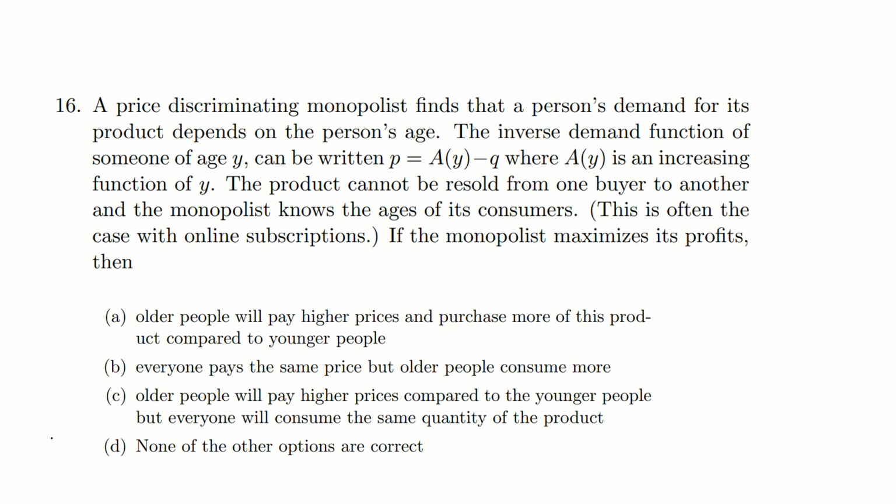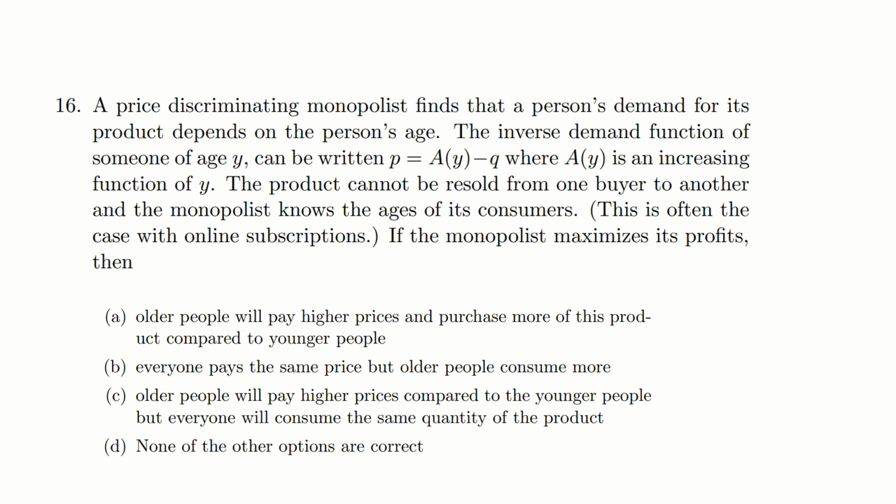Okay, question number 16. I think 15 is missing here. So let's do question number 16, guys. A price discriminating monopolist finds that a person's demand for its product depends on the person's age. So suppose I am a monopolist firm and my demand function depends on the person's age.